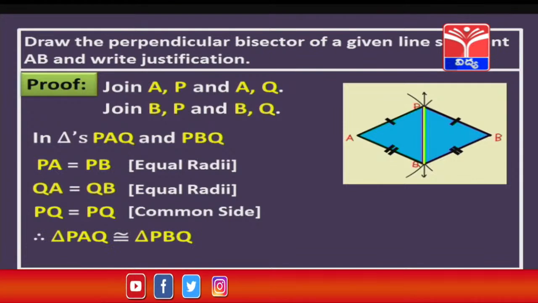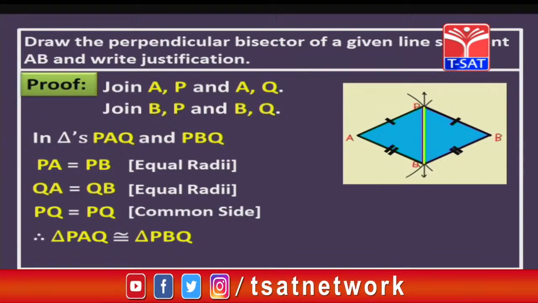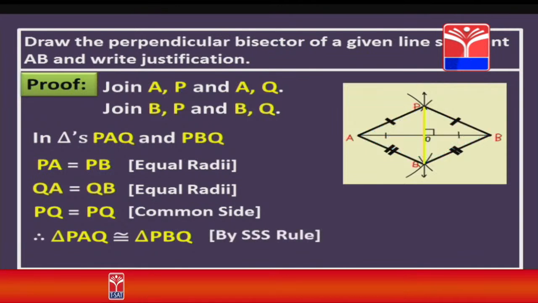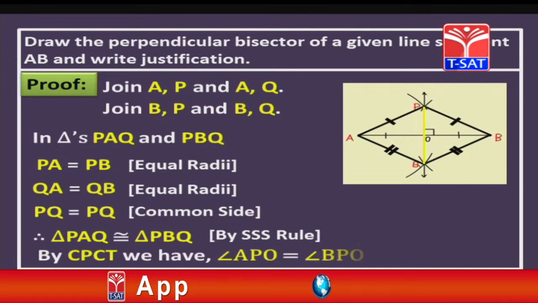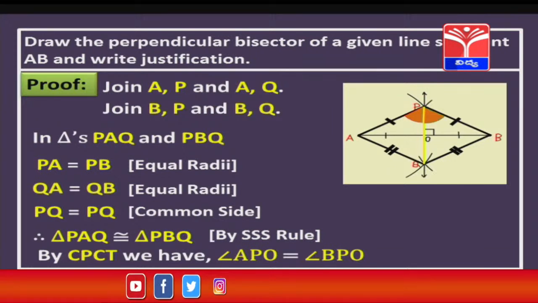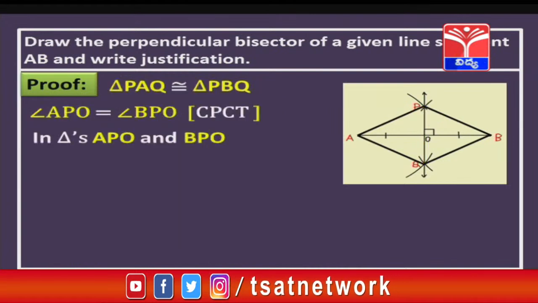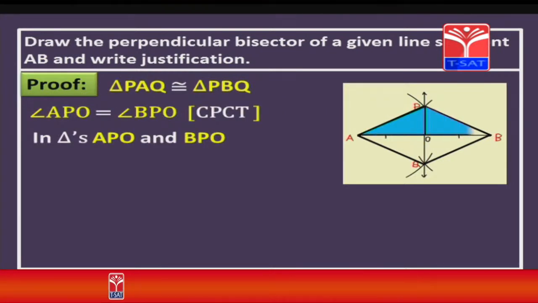Yes, triangle PAQ is congruent to triangle PBQ by SSS congruency rule. So, by CPCT, that is corresponding parts of congruent triangles, I can write angle APO and angle BPO, both are equal.